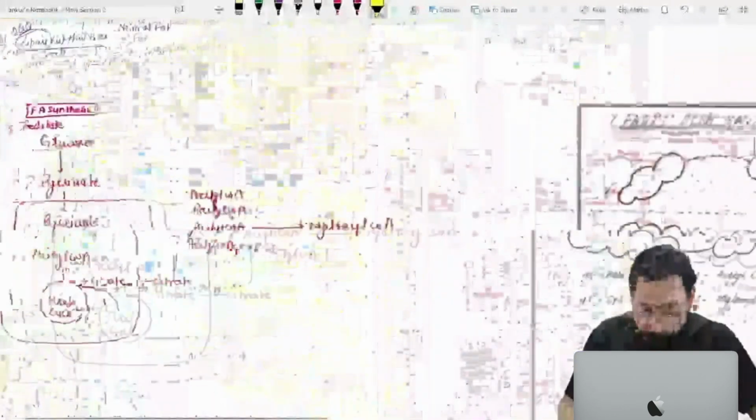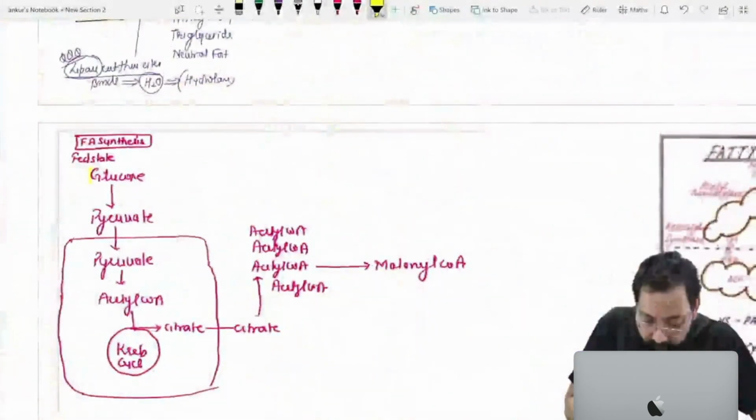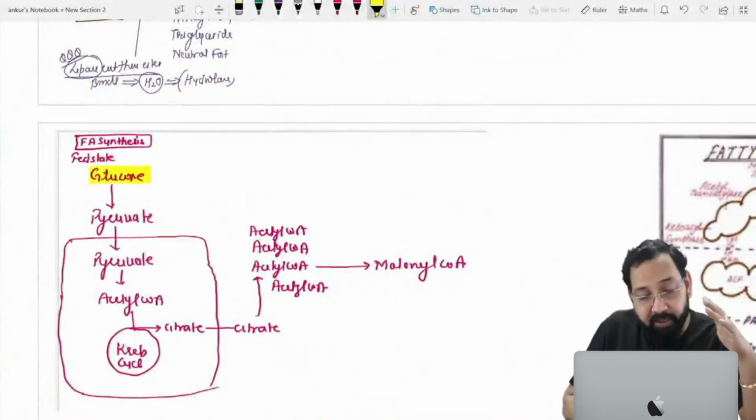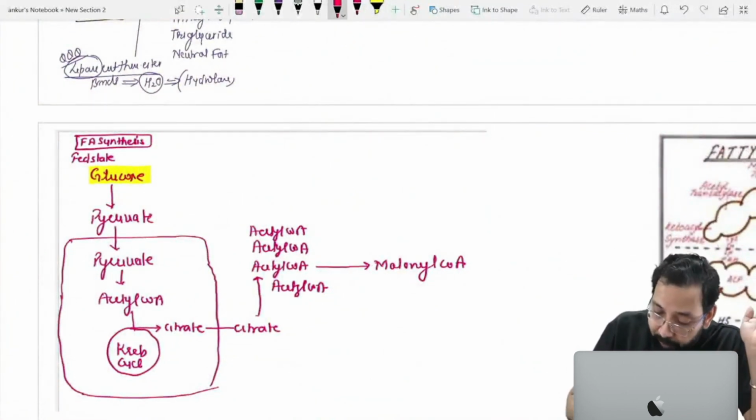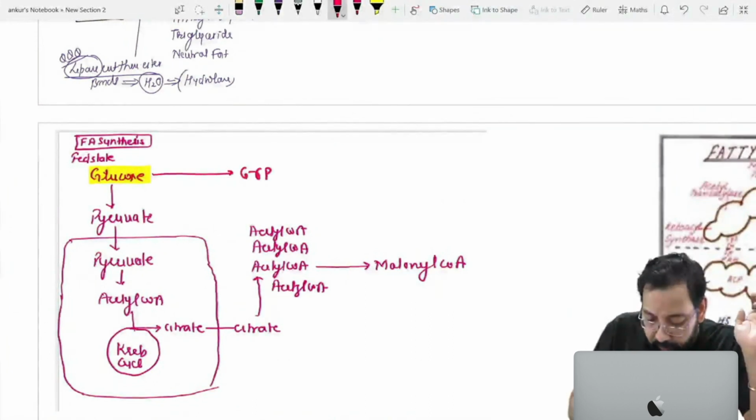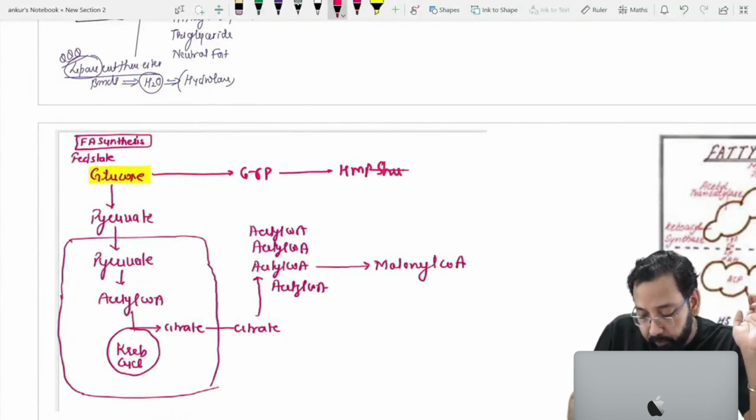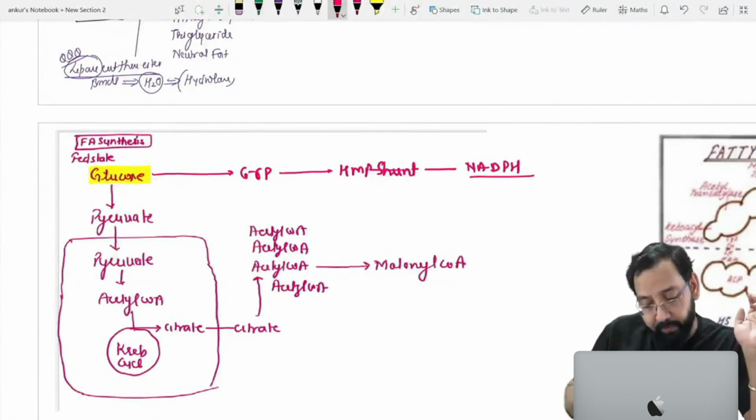Now what happened in the fed state: you took food, blood glucose increased, and glycogen storage is full. The HMP shunt is active, glucose to glucose 6 phosphate, and NADPH is produced.